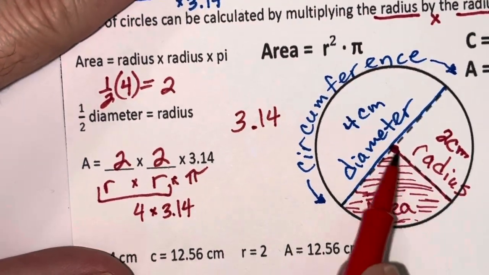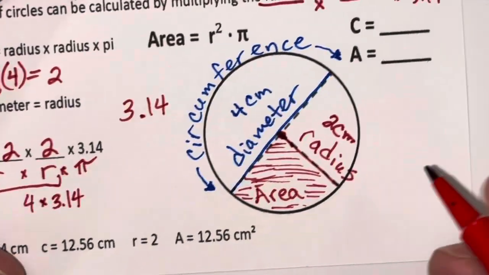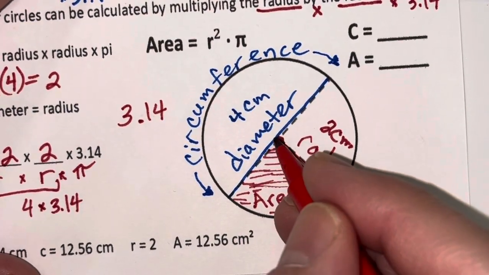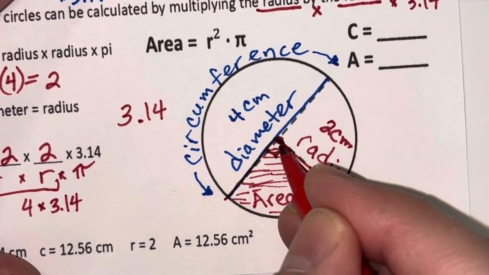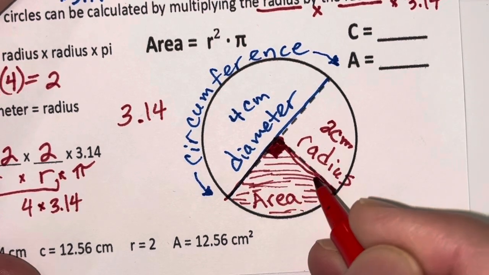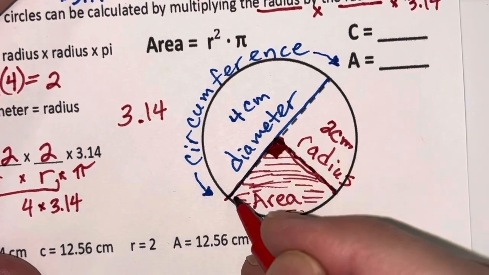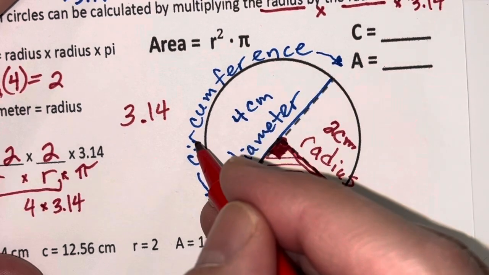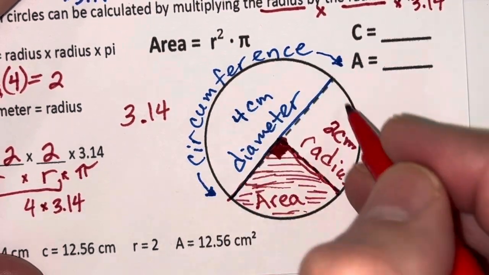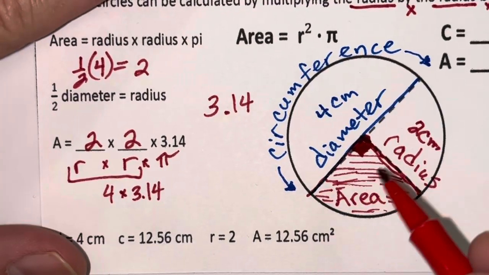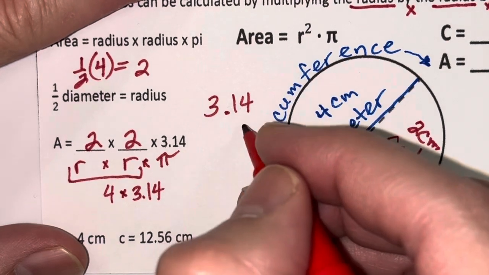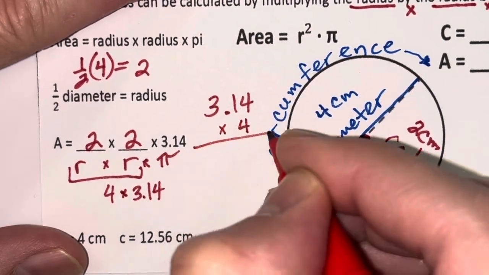So we're going to multiply the radius times the radius, which would give us square units. Radius times radius, and then we multiply it by 3.14. So let's go ahead and do that.